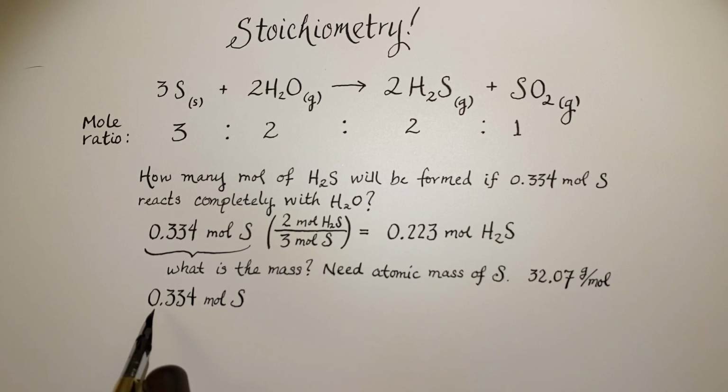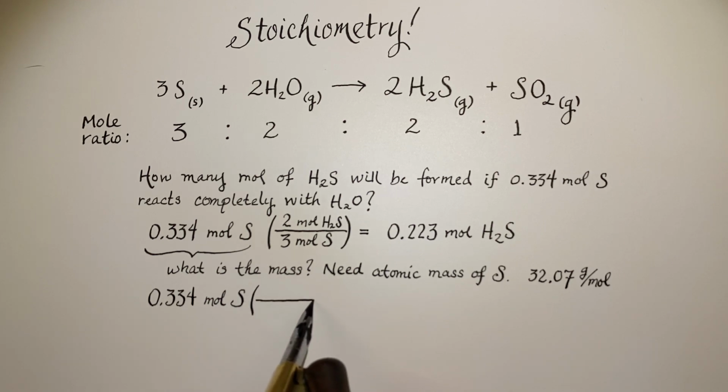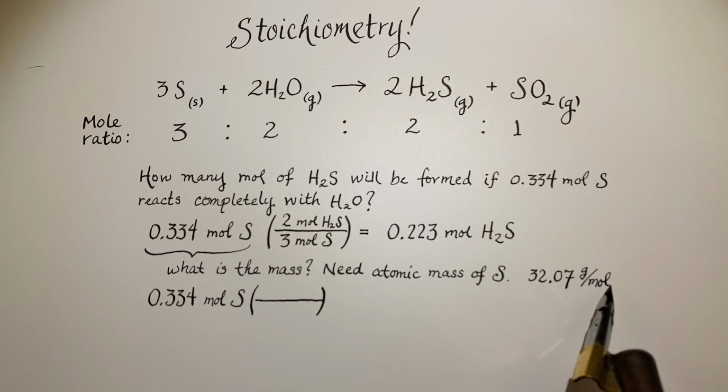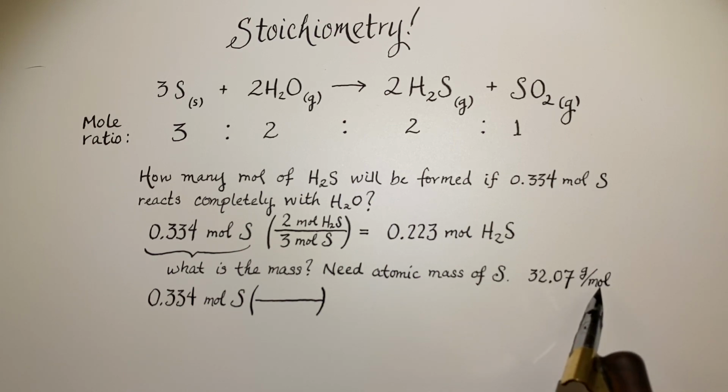Okay, so here we're converting moles to grams. Notice I'm writing out this ratio ahead of time. We want to use the atomic mass as a ratio: this many grams per 1 mole of sulfur.